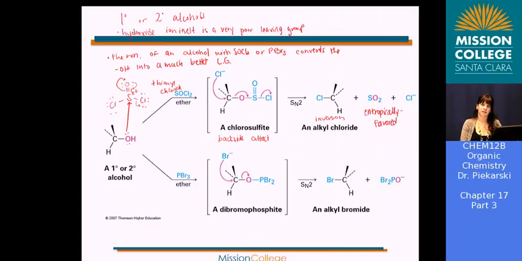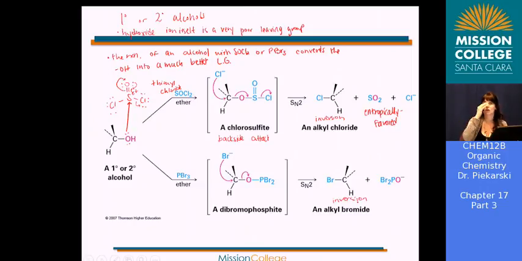Likewise, if you react with phosphorus bromide because you want the alkyl bromide rather than the alkyl chloride, then you're going to make a better leaving group, a dibromophosphite leaving group. The oxygen is going to attack the phosphorus and kick off the bromine, and then the bromide will attack, backside attack, and kick off this leaving group, which is a very stable leaving group on its own, and then we get that inverted alkyl bromide.